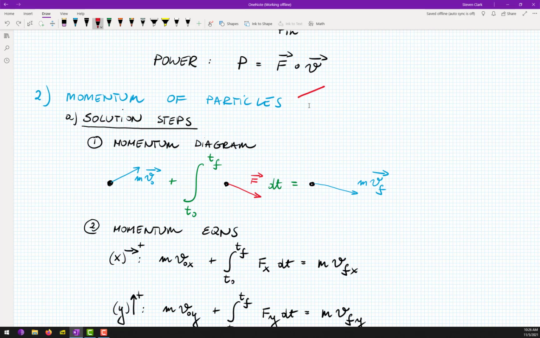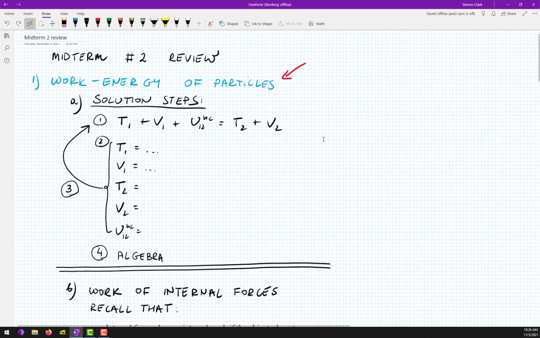So you must go through the exam, look at the problem, and detect what tool you're going to use. If you think that the problem should be solved with the work energy method, follow our steps. Write down this equation: T1 plus V1 plus U12 non-conservative is equal to T2 plus V2. That was the first step. Second step, find these 5 terms correctly.